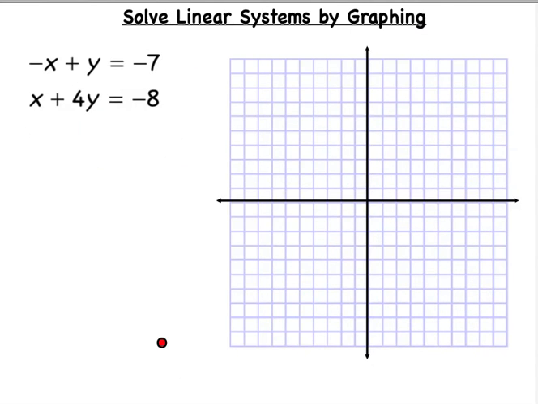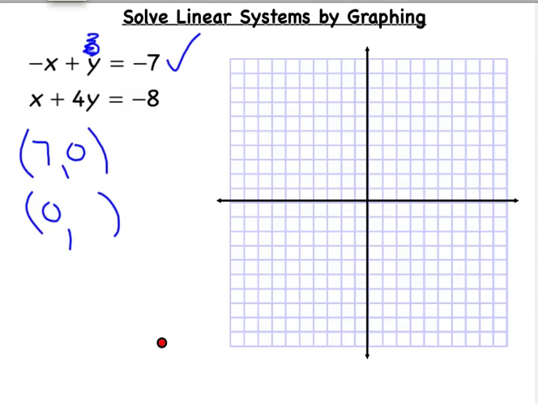Oh, these are both in standard form. So first, in blue, I'm going to find the x and y intercepts. You can always do this to find the x and y intercept. If I plug in 0 for y, I get -x equals -7. That means positive x must equal positive 7. And if I plug in 0 for x, I simply get y equals -7.